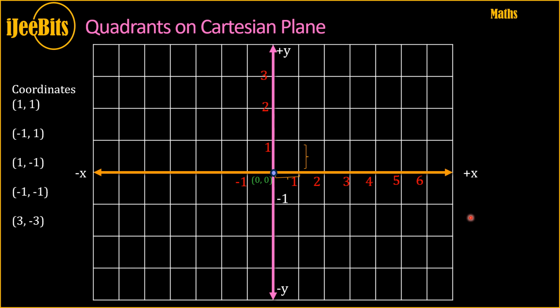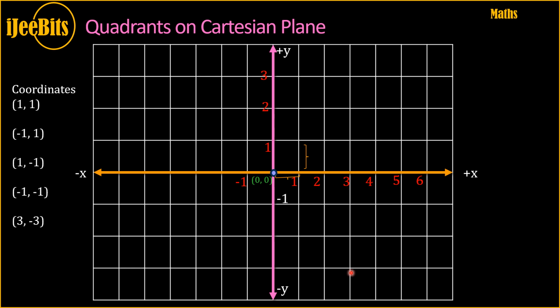Next, you start from positive x, rotating anti-clockwise to touch plus y, then back to minus x, then minus y, and then reach back to plus x, which is nothing but one revolution. In degrees, you start from 0 degrees and complete 360 degrees, which is one revolution. So that's one thing that you have to understand.